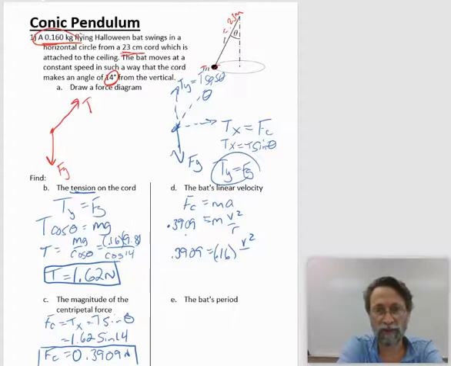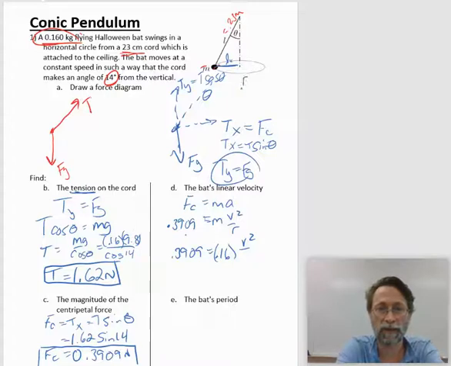Now, the trick here is that the length of the string is 0.23 meters, but we need to know the radius. So not only do we have to take the component of the tension, but we also have to take the component of that displacement. This is Lx, which is the radius.